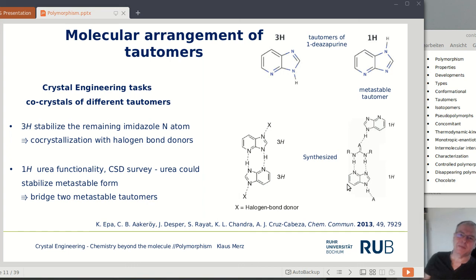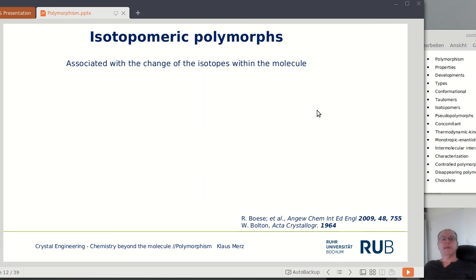Very nice example, I would say, from my point of view, a very nice example of crystal engineering, thinking about the task and an approach using hierarchy and prediction to get a very interesting result. Okay, next point, isotopomeric polymorphs.